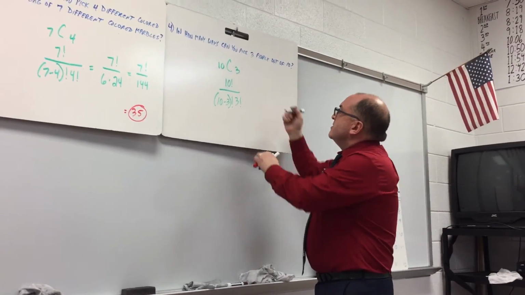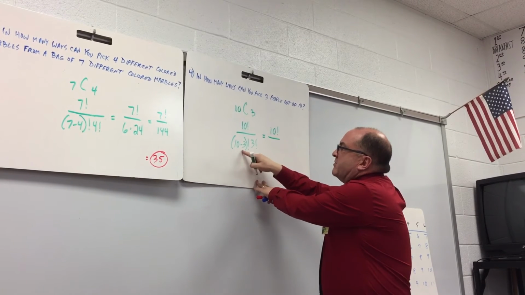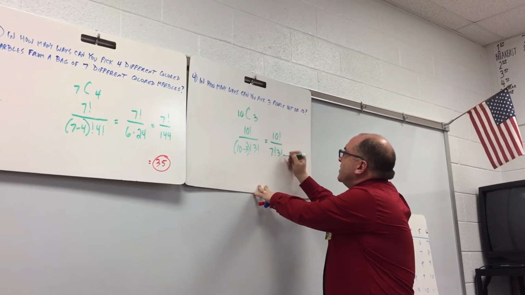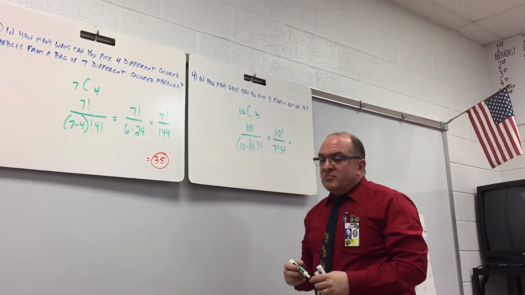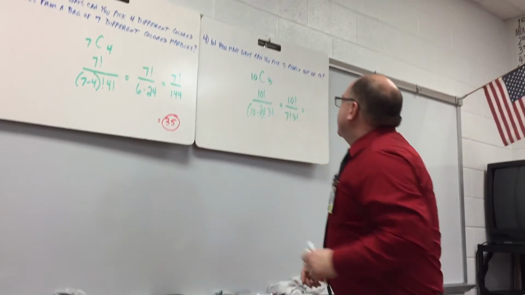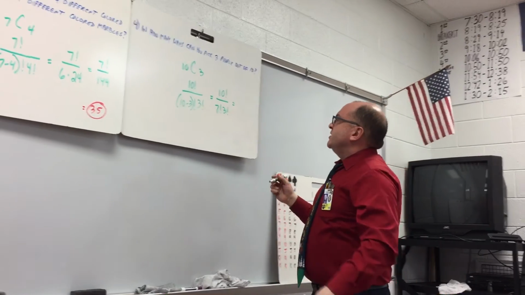Once again, I would always recommend to do the bottom first. 10 minus 3 is 7, so you've got 7 factorial times 3 factorial. If you do that all correctly on your calculator, I'm going to show you something else. You may like this, you may not. I'm just going to show it to you.